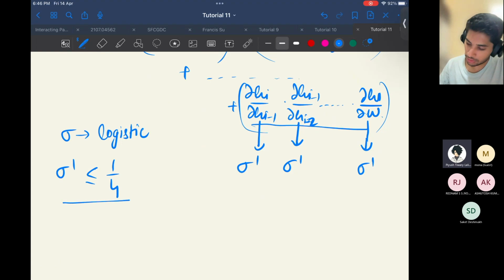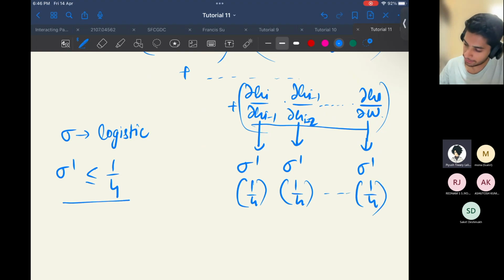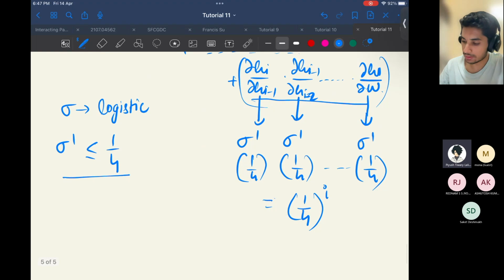Then basically let's assume that all of them are 1 by 4. That is the maximum value that each of these terms can take. So similar multiplication till 1 by 4. So what will this become? It will become 1 by 4 to the power i, and let's say if i is equal to 10, this term will be very close to 0.